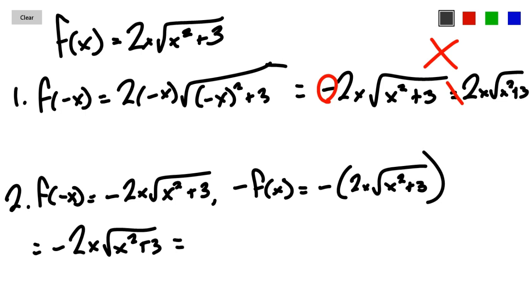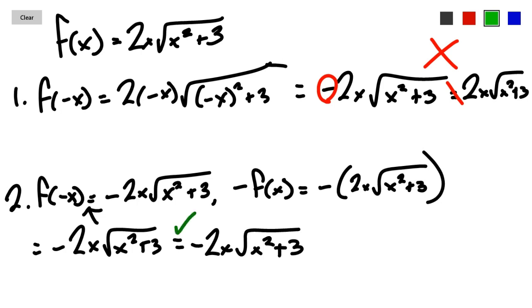And interestingly enough, this is equal to f of negative x. And what that tells us is that the function is odd because the two sides end up equaling each other. So this function is an odd function, meaning it's symmetric about the origin.